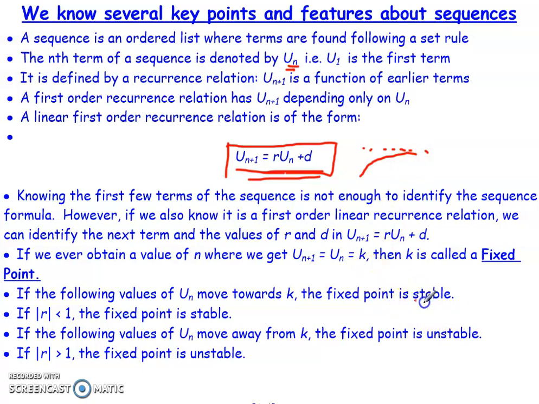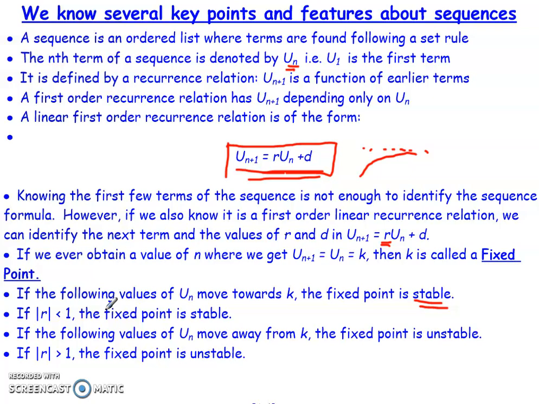This fixed point is called stable, i.e. the points are all going to go towards it. It's going to be essentially a limit for the function, the highest value we can get. Now this all depends upon a part of the formula, which is the r in front of the un. If the size of r is less than 1, we are able to say that the fixed point of the series is stable. So it's never going to go above that.